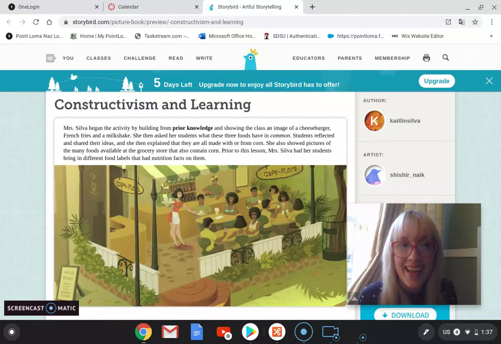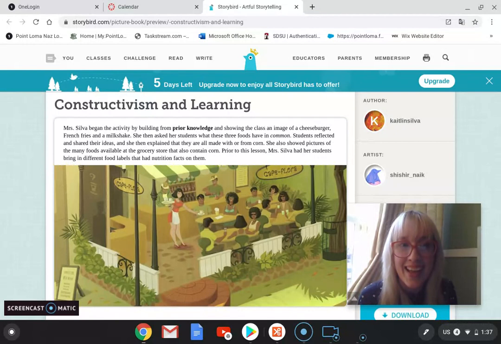So they're problem solving by looking at all these different weird ingredients with weird names and figuring out what foods contain these ingredients and thinking, are these ingredients healthy? And why do they have different names? And how are they all corn-based ingredients?